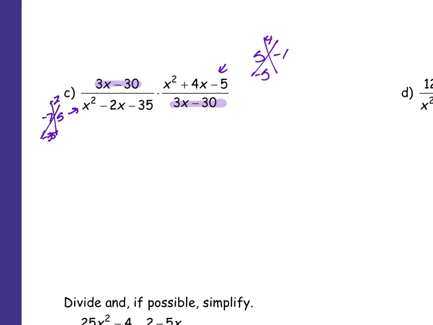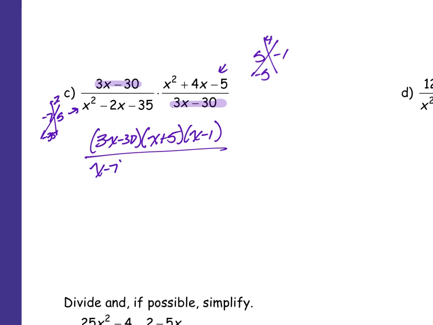So if I write all my factors out, I should have 3x minus 30 times, in my numerator, x plus 5 and x minus 1. And then in my denominator, I'll have x minus 7 times x plus 5, and then times the 3x minus 30. Okay? Is everyone okay with that and how I got all those terms?